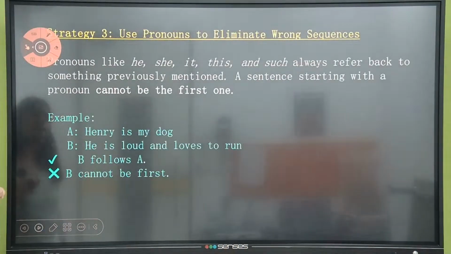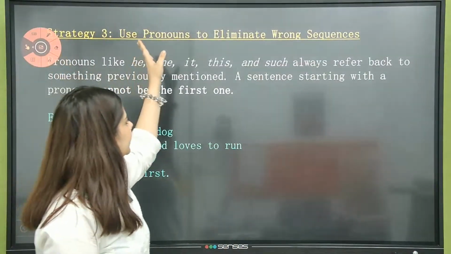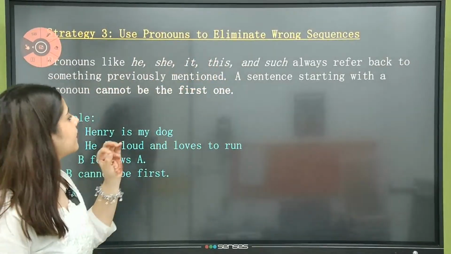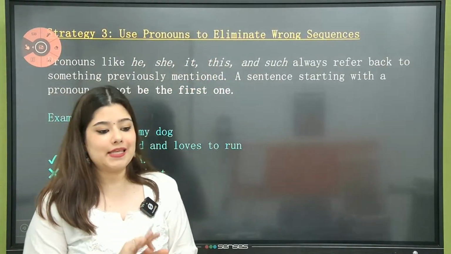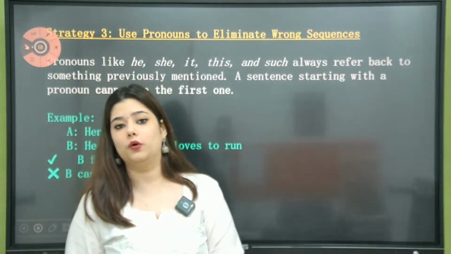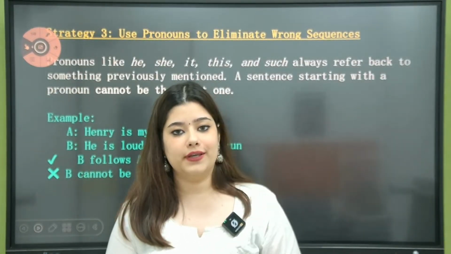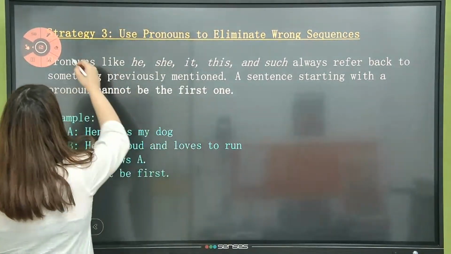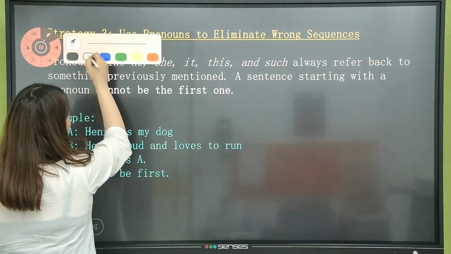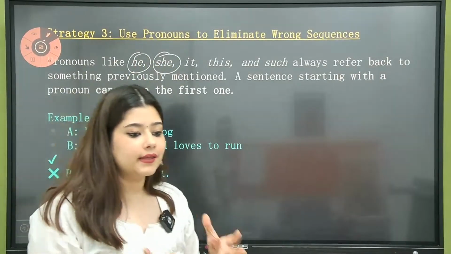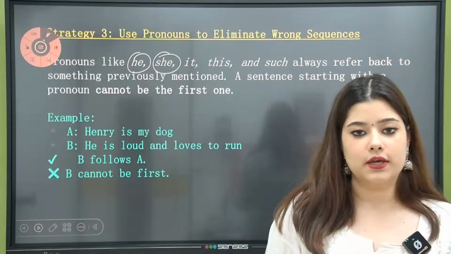Next, pronouns like he, she, it, this, and such always refer back to something which has been previously mentioned. Noun, pronoun relationship. Whenever we spot pronouns like he, she, who is this he that we are talking about? Who is this she that we are talking about? We need prior context pertaining to these pronouns, right?